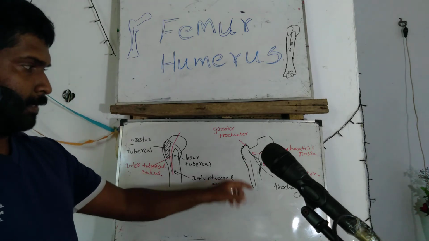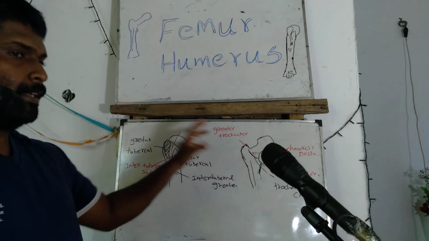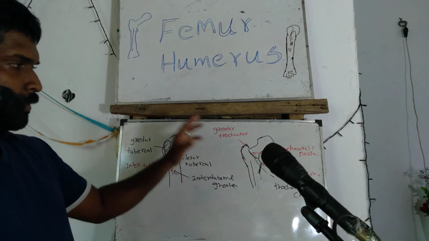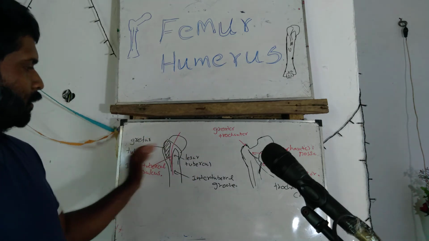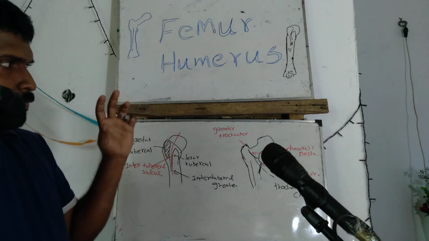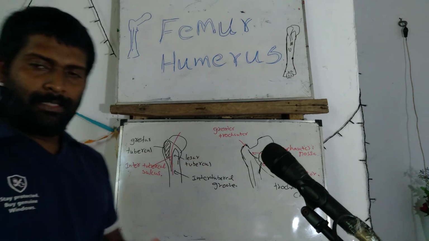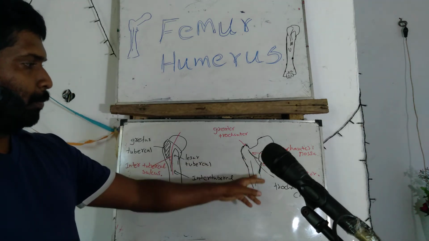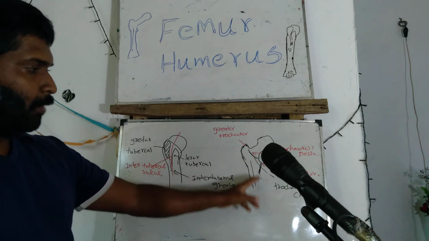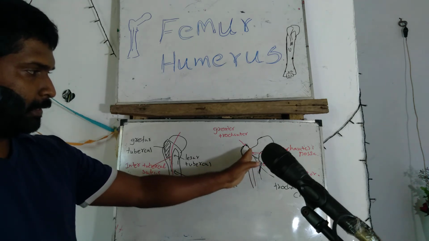Consider the humerus head. We compare both to get a clear idea of the trochanteric and tubercle areas. Then go to the medial side, downward.